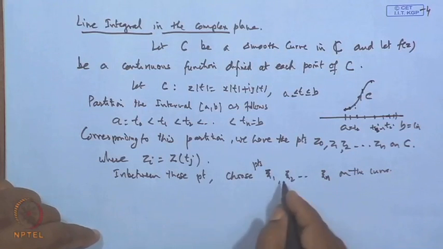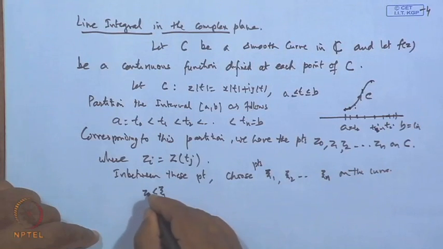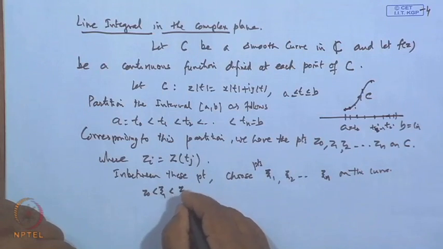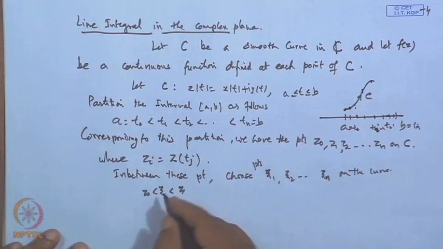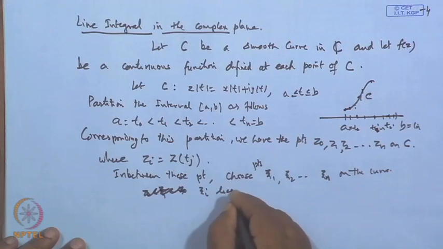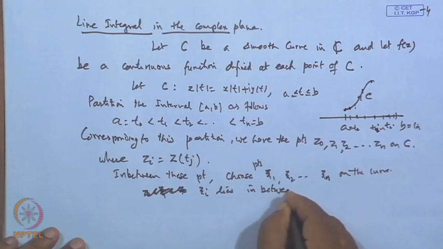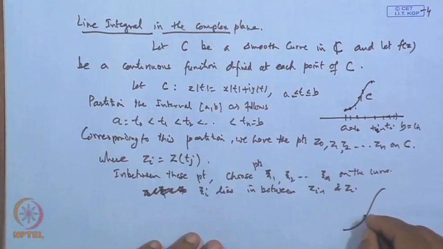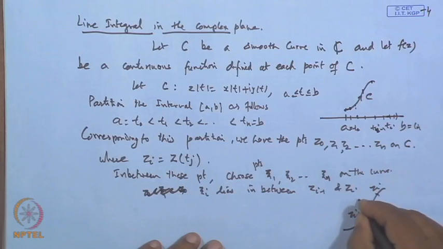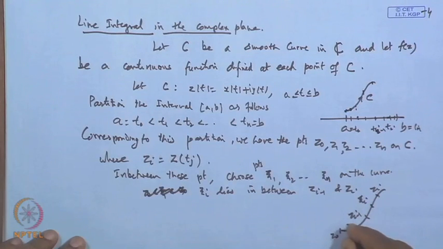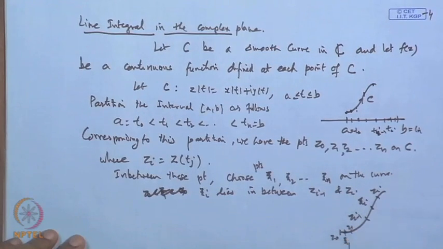That is, ζ₁ lies between z₀ and z₁, where ζᵢ lies in between zᵢ₋₁ and zᵢ. So, here is zᵢ₋₁, this is our zᵢ, and here I am taking ζᵢ. Similarly, here is z₀, this is z₁, and somewhere here we are taking ζ₁, a point on this arc.